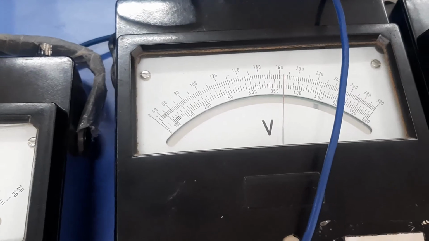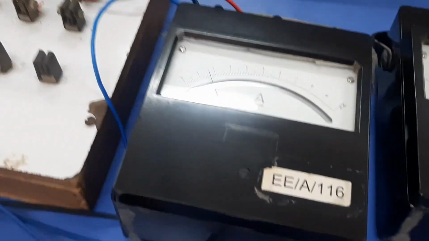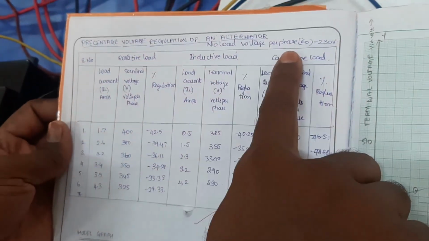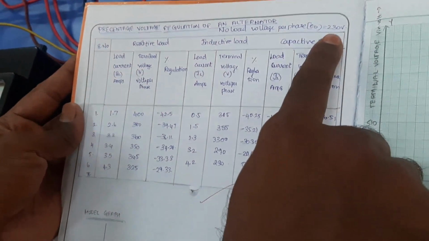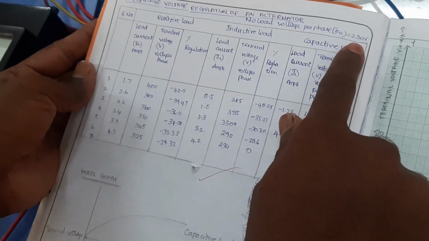Now we will check the tabular column. Initially you have to measure the no load voltage. Per phase it will be 230 volt, and line voltage it will be 400 volt, which is measured directly from the meter.